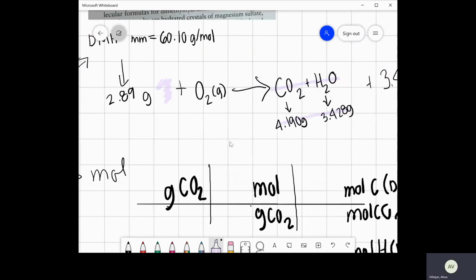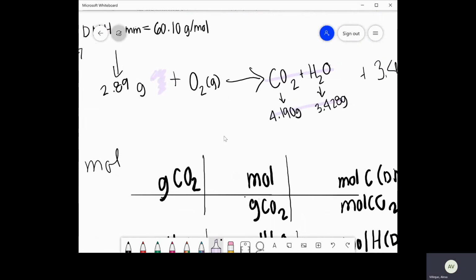So first, let's start off with our carbon dioxide. We have 4.190 grams of CO2. And by calculating the molar mass, you find that there are 44 grams of CO2 in 1 mole of CO2.